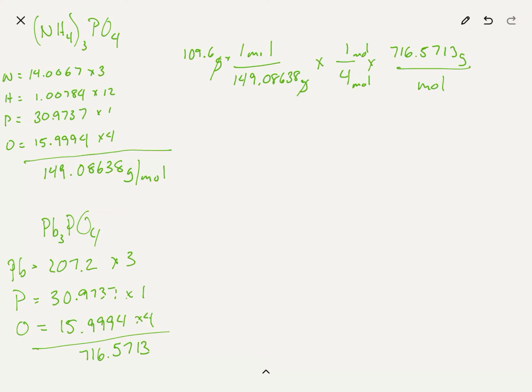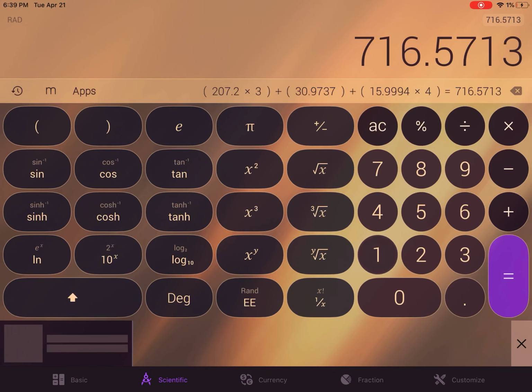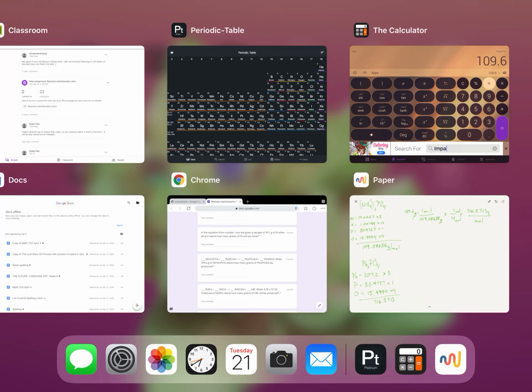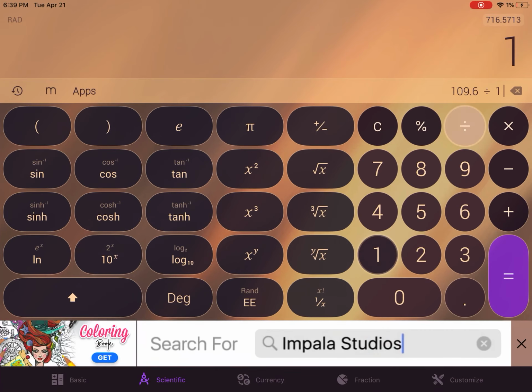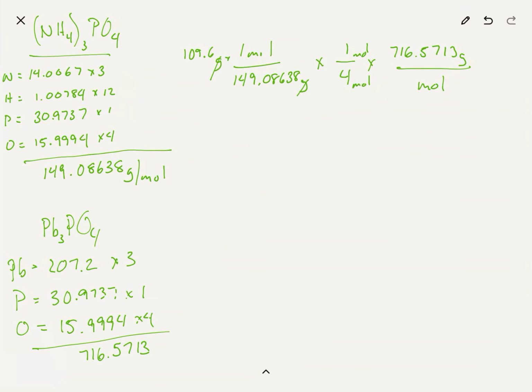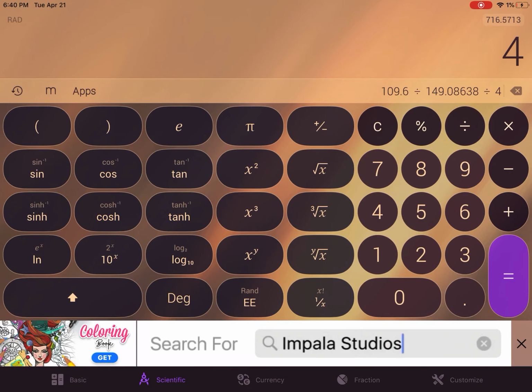So when we punch this whole series of numbers into the calculator, what we're going to do is 109.6 divided by the molar mass of our ammonium phosphate, which is 149.08638. Then we are going to multiply by 1, divide by 4, so we don't have to enter the multiplication, but we do need to hit divided by 4.